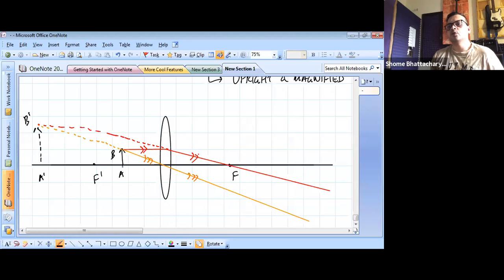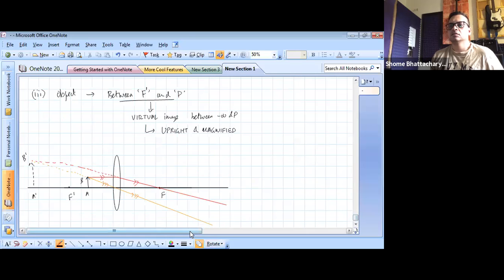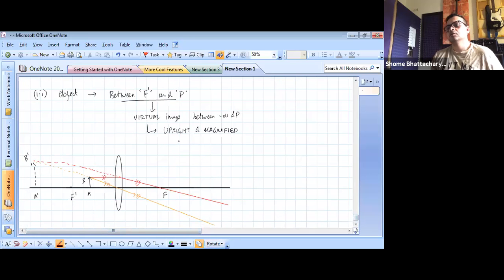This is a very important point. Whenever this happens, you're getting this. So you should not forget this because otherwise it becomes problematic. This is a very important case for you.